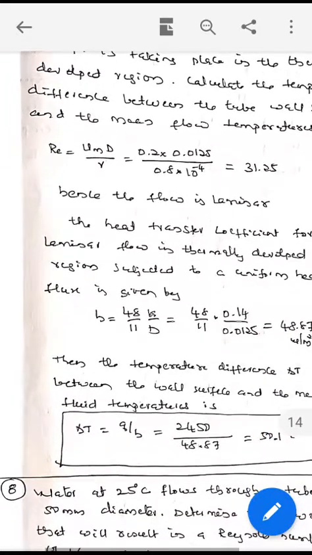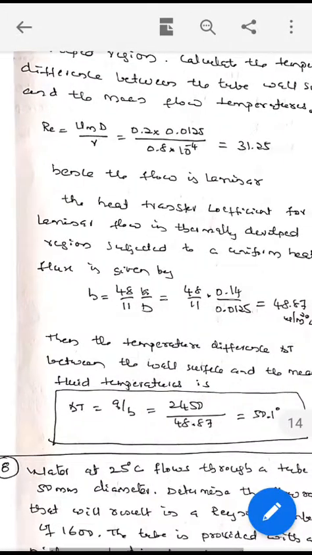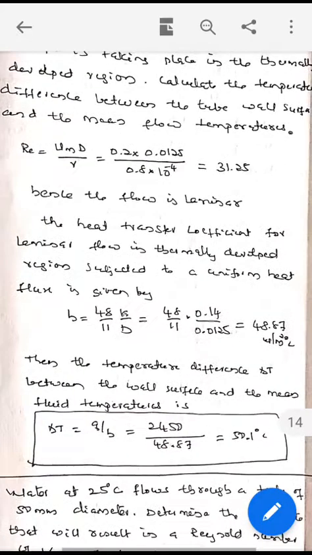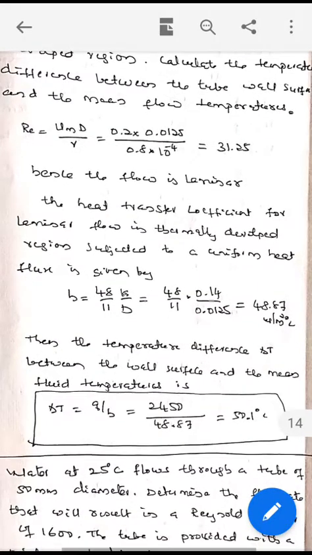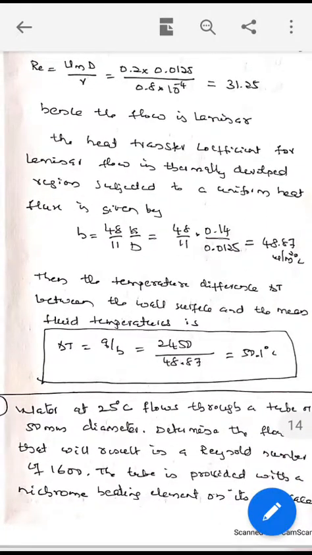First, find the Reynolds number, UmD by nu. You will get 31.25. It is less than 2300. Hence the flow is laminar. Since the wall is subjected to uniform heat flux, use the formula h equal to 48 by 11 K by D. Substituting the value of K by D, you will get the value of h.